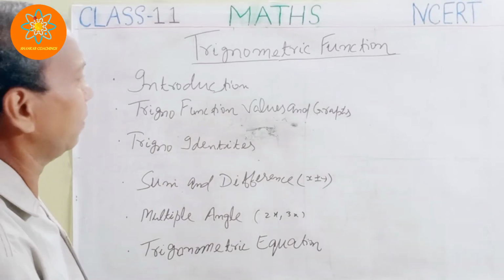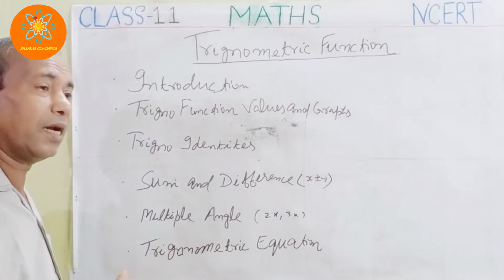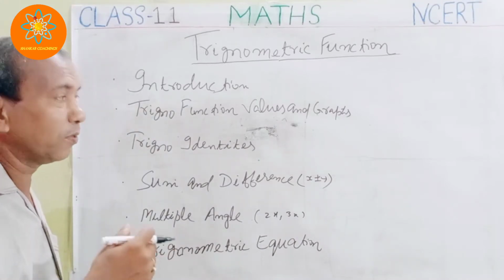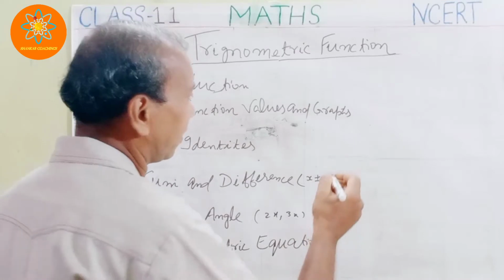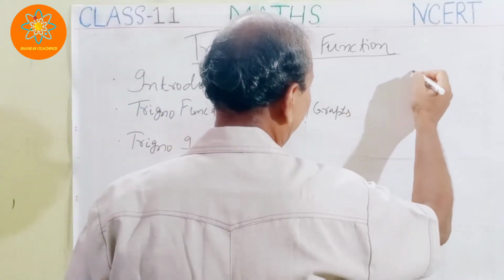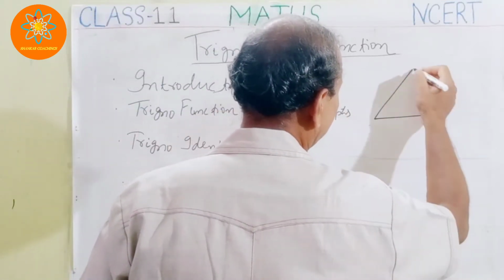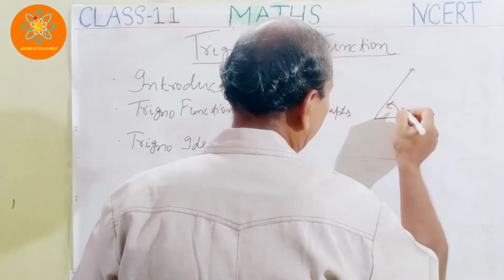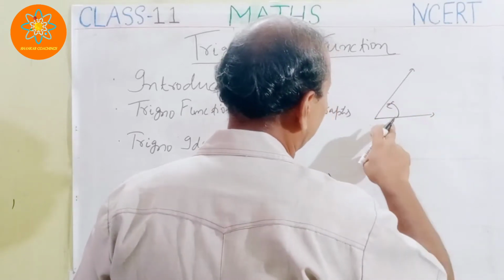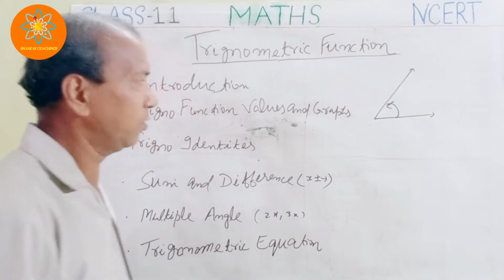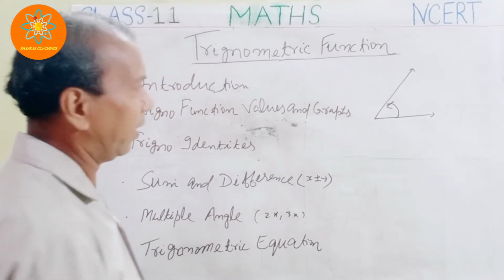Okay, so if you see the angle, there are many types of angle. Suppose one angle is like this, and we are measuring in this way, so this is the positive acute angle.